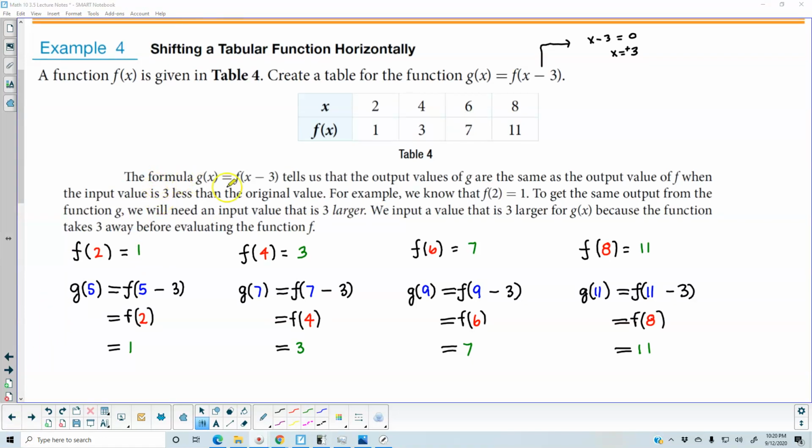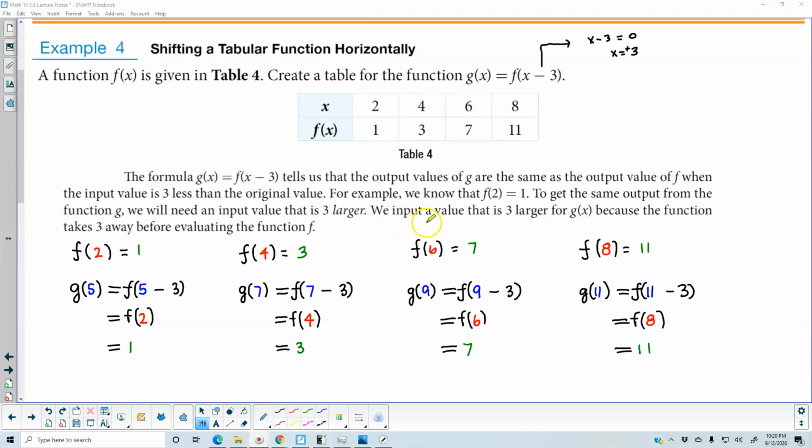So the formula g of x, which is equal to f of x minus 3, tells us that the input values of g are the same as the output values of f when the input value is 3 less than the original value. For example, we know that f of 2 is equal to 1. To get the same output from the function g, we will need an input value that is 3 larger.